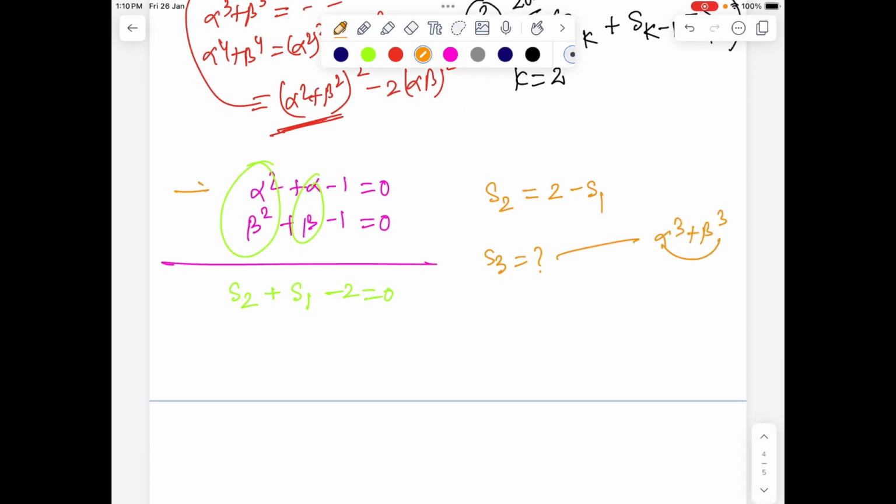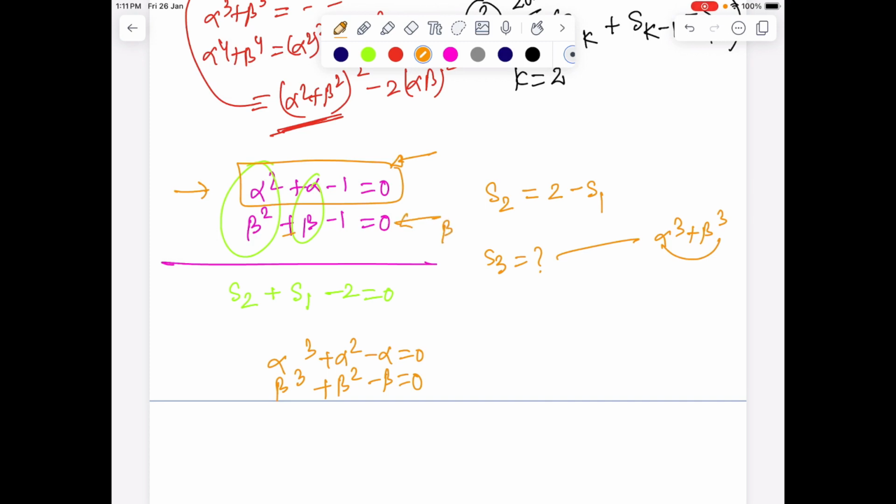Since alpha is a root of this equation, we can multiply this equation with alpha, right? So alpha cube plus alpha square minus alpha is 0. If alpha satisfies this, alpha must satisfy this, right? Similarly, beta will also satisfy this. So beta cube plus beta square minus beta equals 0. What I did is just multiply the second equation with beta. Now when I'm doing so, we are getting an extraneous root, right?